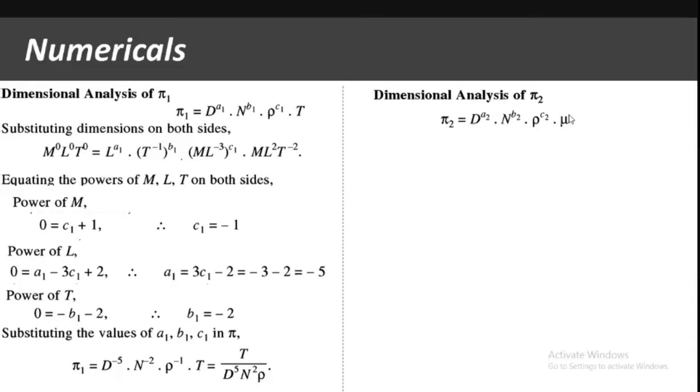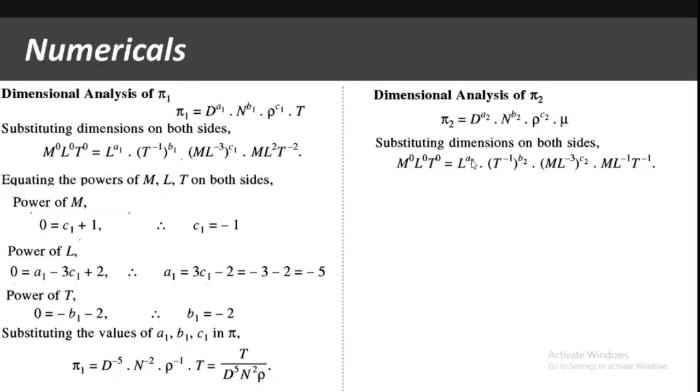Putting the dimensions on the left side and right side, we will have m0 l0 t0 equals the dimension of d is l, so l to the power a2, dimension of n is t to the power minus 1, so t to the power minus 1 whole to the power b2, into dimension of mass density rho is kg per meter cube, so m1 l minus 3 whole to the power c2. After that, dimension of mu, absolute viscosity mu, I think everybody knows, that is m1 l minus 1 t minus 1.